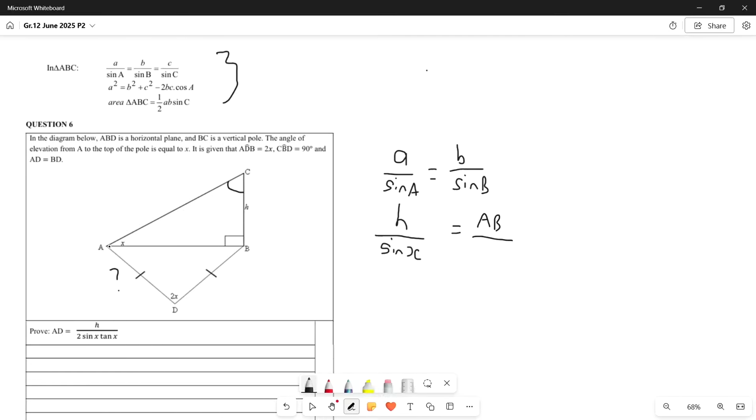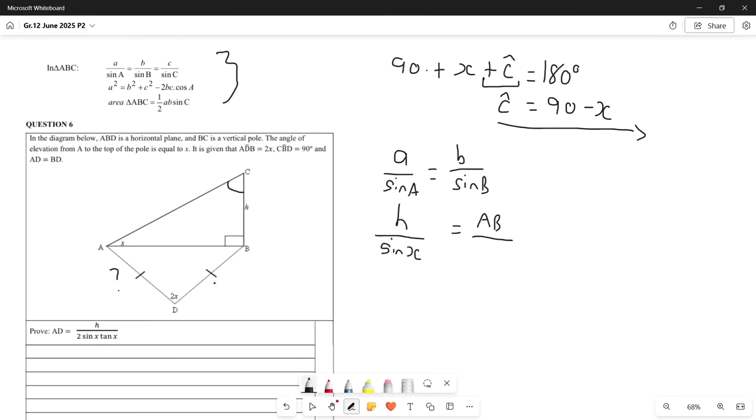But if we do interior angles of a triangle, we have 90 degrees here plus x plus this angle will equal 180. So if we do it up here, we have 90 plus x plus angle C equals 180 degrees. We don't need to write any reasons here. This is just interior angles of a triangle, but then we can just isolate for the C here by taking the 90 over. 180 minus 90 is 90, and then plus x, taking it over, becomes minus x over here.